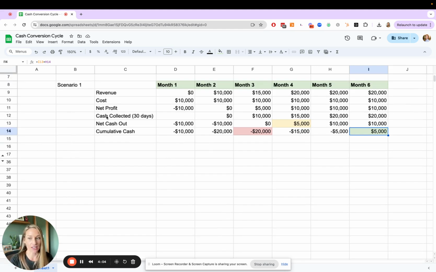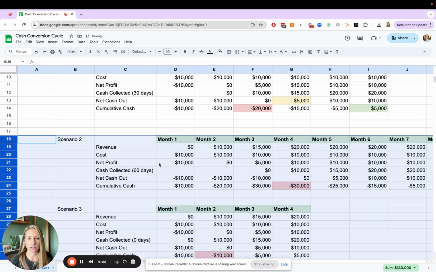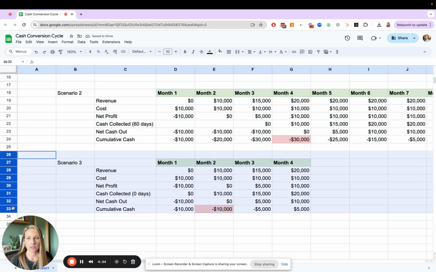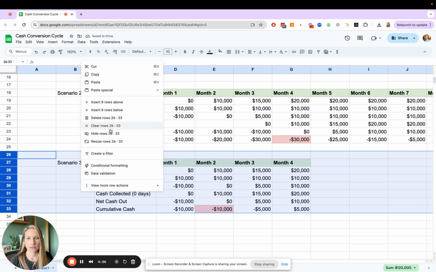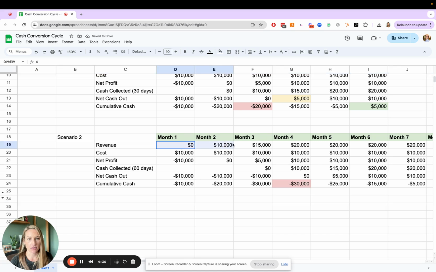Now, let's say that your company is really bad with collections, or you have slow paying customers, or maybe you work with enterprise companies that only pay you in 60 days. In that case, we've got ourselves in an even bigger pickle. So let me just hide that. We'll come back to that one. So in this case, same scenario in terms of employee costs and revenue generation.